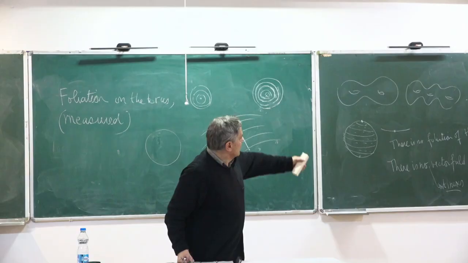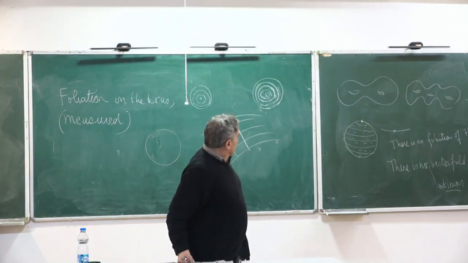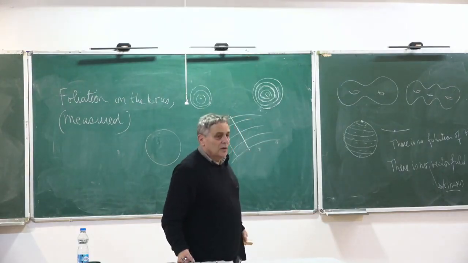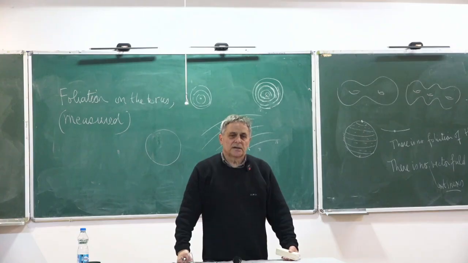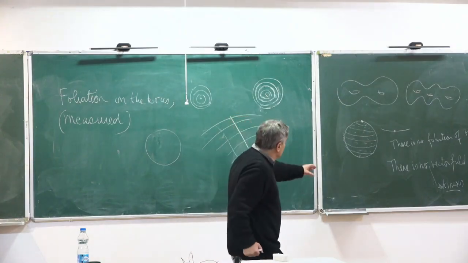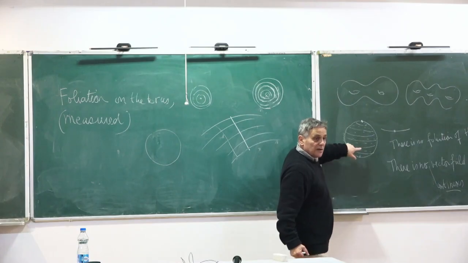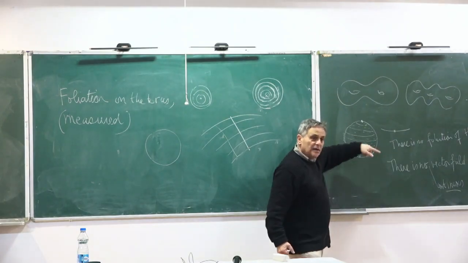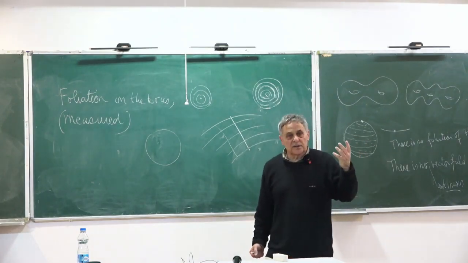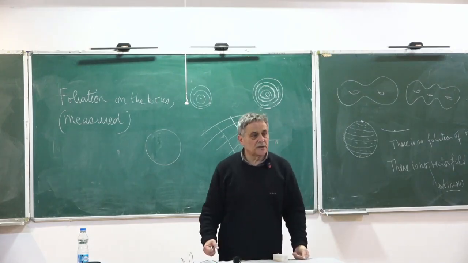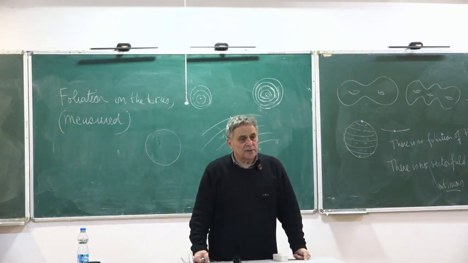And then after you have seen this, you can ask me, okay, in fact, I have here a foliation of the sphere with two singular points, right? This one and this one, right? Can I have a foliation on the sphere with three singular points? Is this possible?